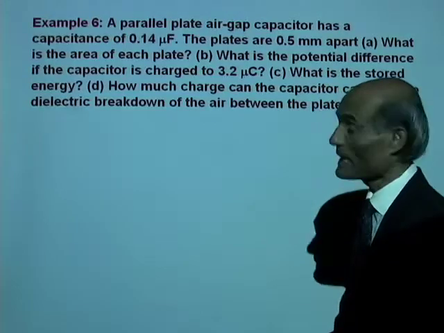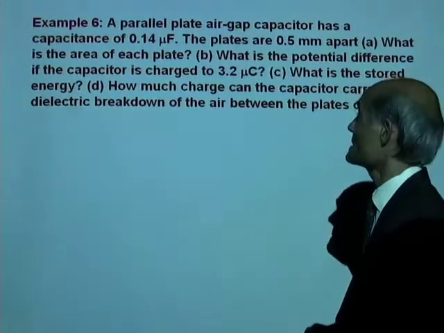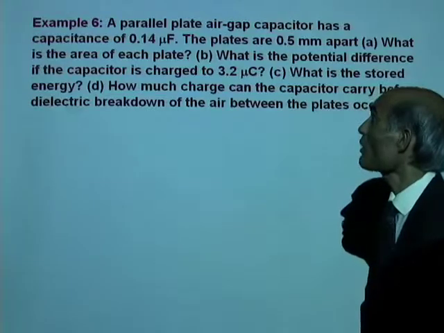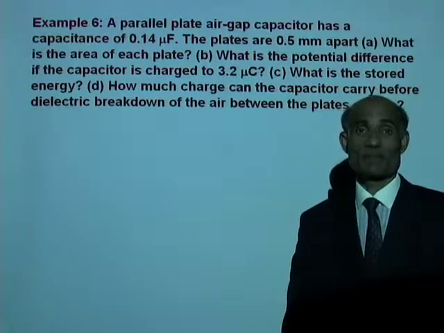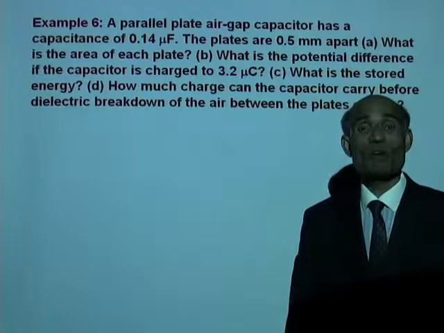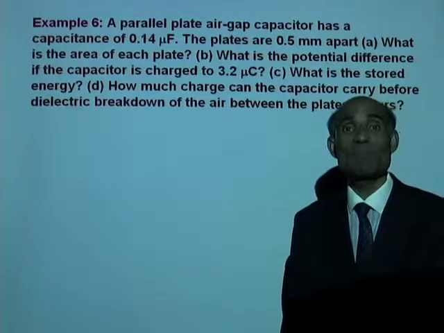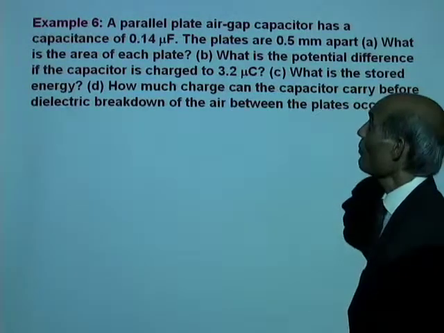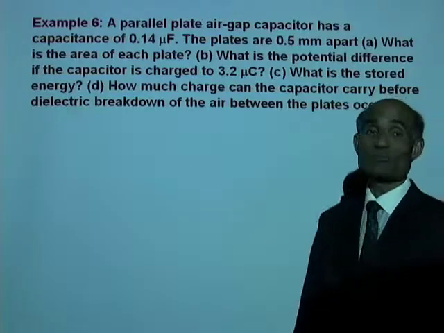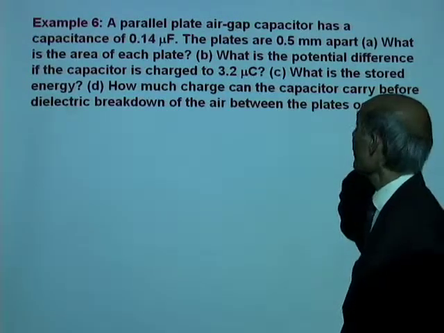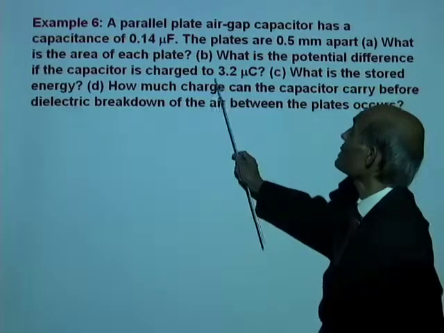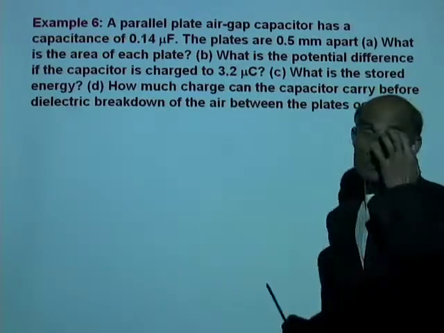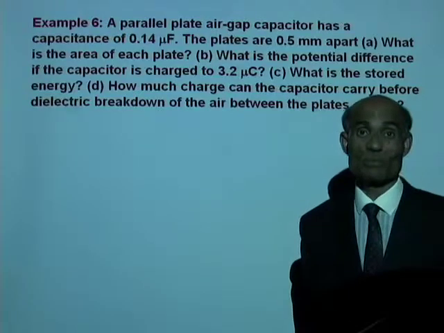A parallel plate air gap capacitor has a capacitance of 0.14 microfarad. The plates are 0.5 millimeters apart. A. What is the area of each plate? B. What is the potential difference if the capacitor is charged to 3.2 microcoulomb?